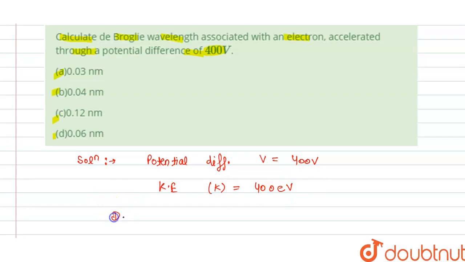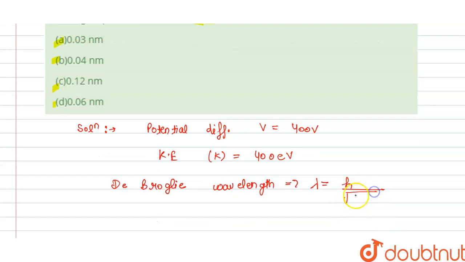And we know that de Broglie wavelength, denoted by lambda, is equal to h, that is Planck's constant, divided by the square root of 2 times mass times kinetic energy.